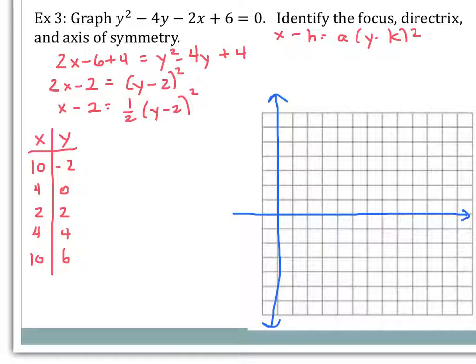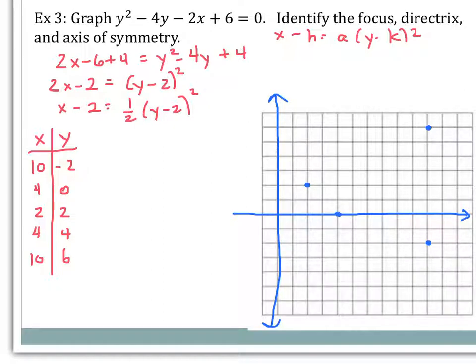So at 10, I have positive 6, 1, 2, 3, 4, 5, 6, and negative 2. And I have 4, 0, and my vertex is at 2, 2.